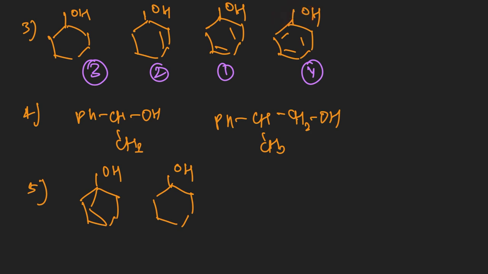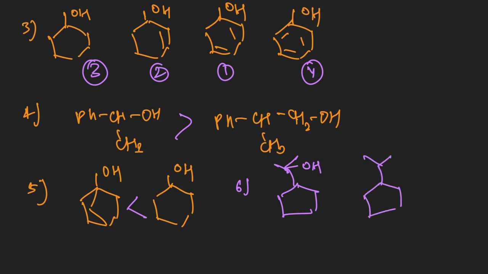Now in the second case, the stability of carbocation. Third, the bridgehead carbocation is very hard to generate. It is impossible to generate the bridgehead carbocation. So that's why the answer is this. Now let's check the sixth question. We have this OH and we have this OH.